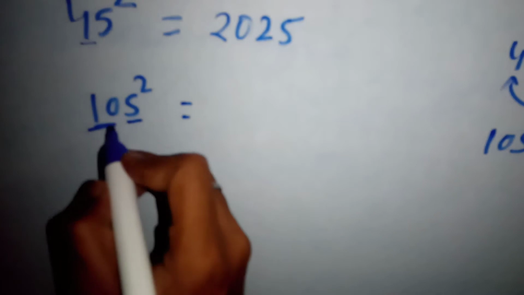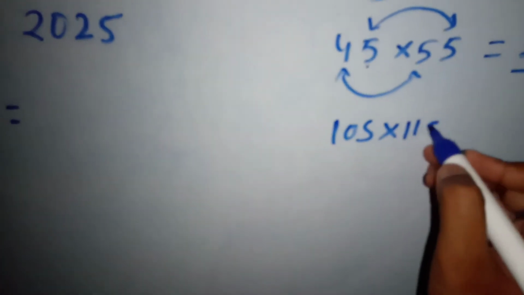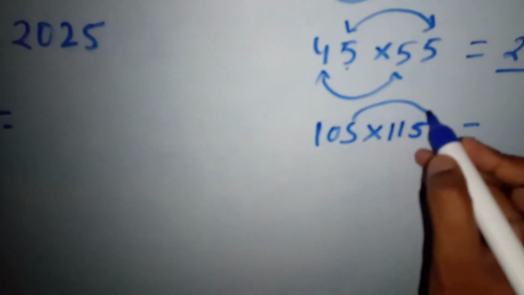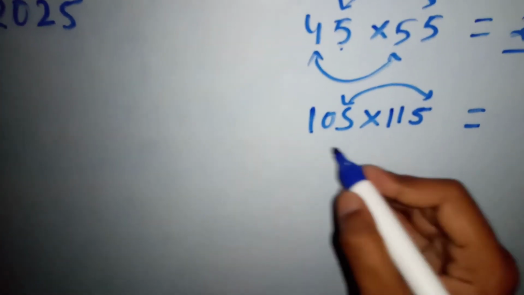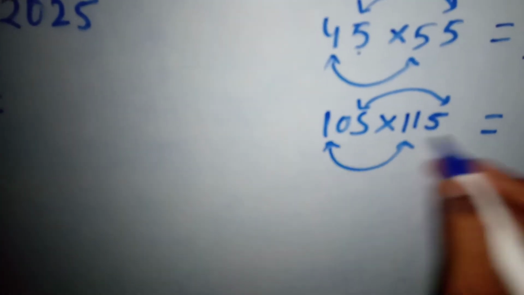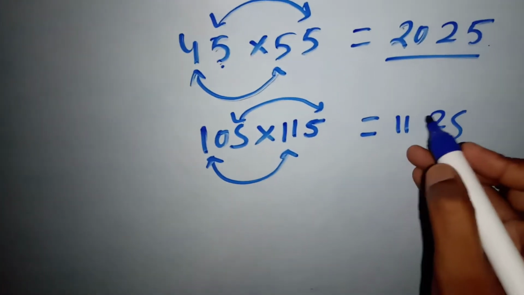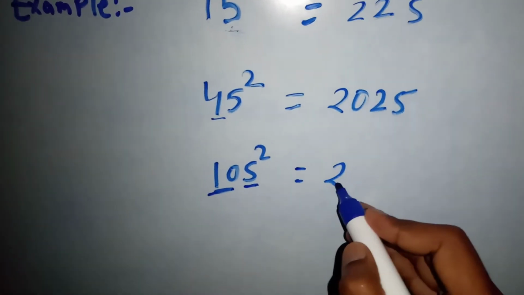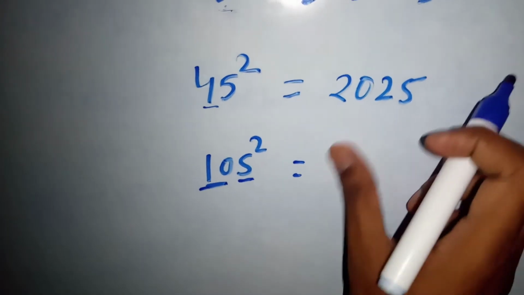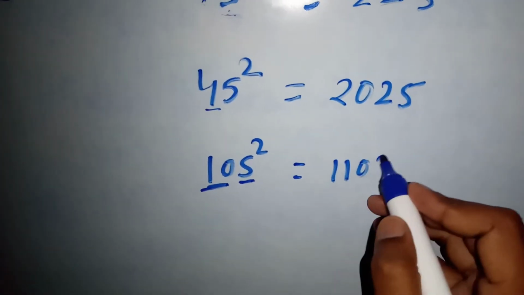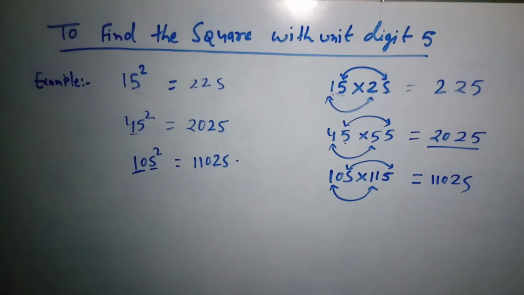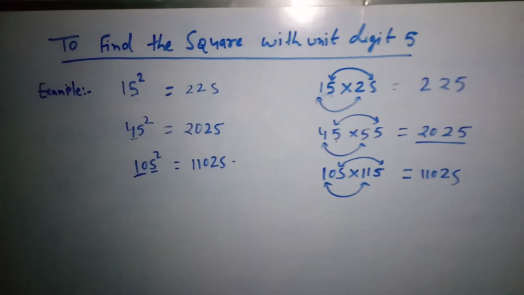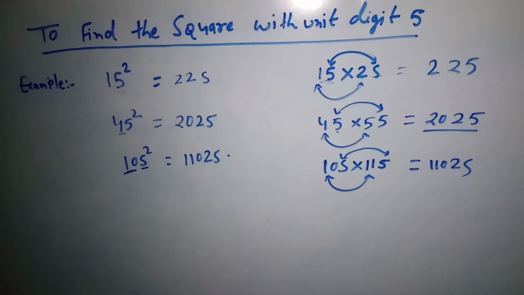Then 5 into 5 is 25, and 10 into 11 is 110. So 105 square is 11025. This is how we find the square with unit digit 5. Got it?